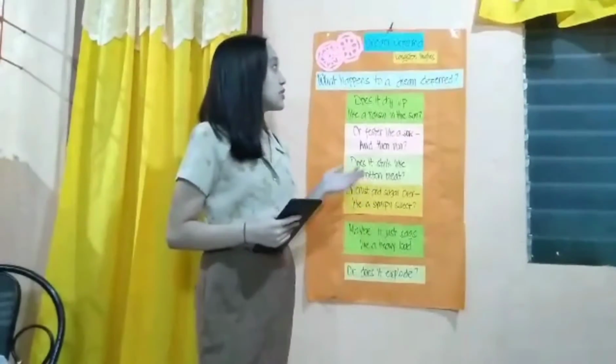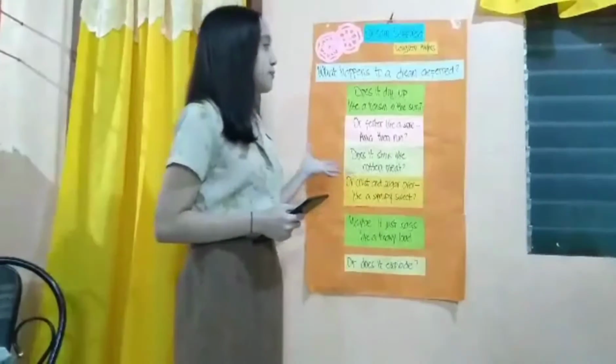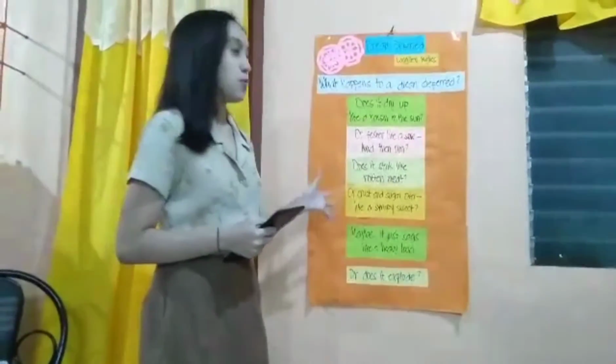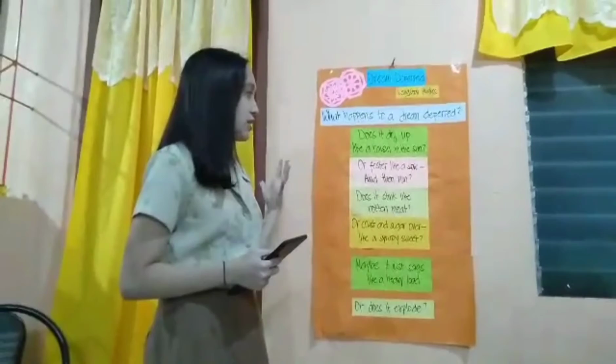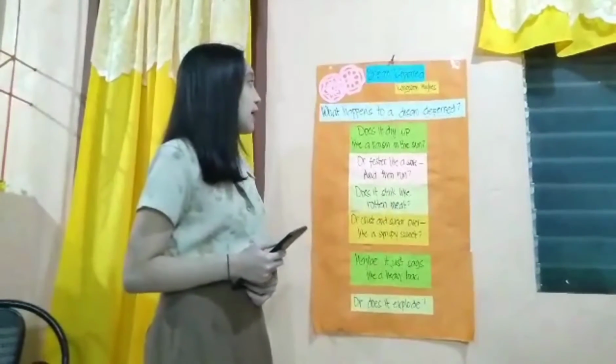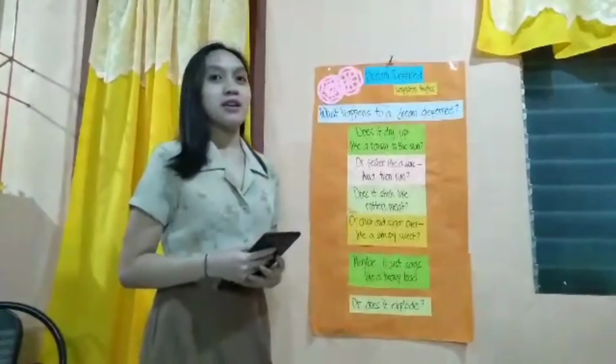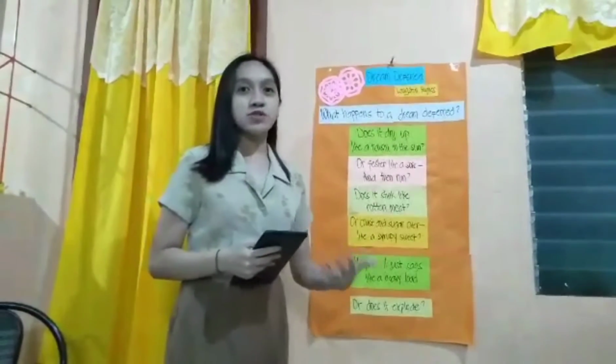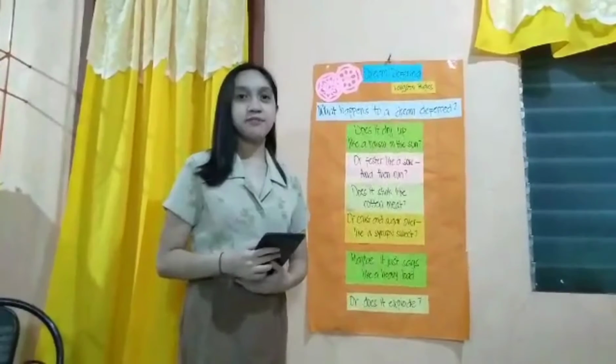A dream deferred. Deferred means delayed. So the message of this poem, as you can understand and interpret, is about what will happen when a person's dream is being delayed or deferred.